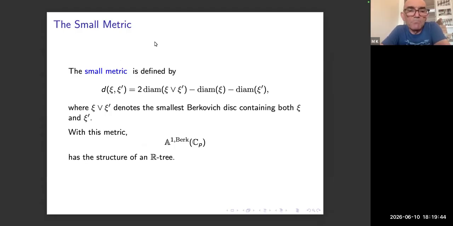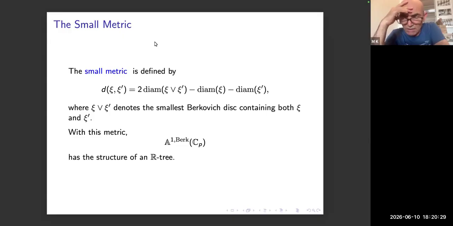This small metric we define like this: the distance between two points, which you should think of as multiplicative semi-norms, or, because we are in the case of a projective line or affine line, basically disks, is defined to be twice the diameter of Xi wedge Xi prime, where Xi wedge Xi prime is the smallest Berkovich disk containing both Xi and Xi prime, minus the diameter of Xi minus the diameter of Xi prime.